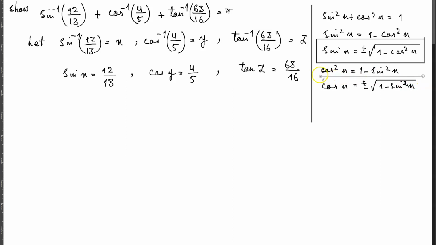So cos x is equal to plus or minus square root of 1 minus sine squared x, and sine x is equal to plus or minus square root of 1 minus cos squared x.